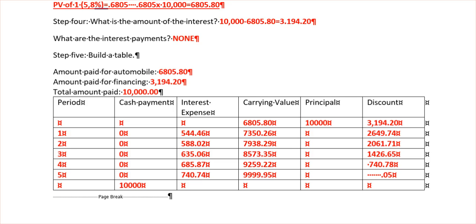Now, after we take this 544.46 off of here, what we started with, 319420, becomes 264974. This is a recursive sort of a table. You can do it in Excel if you like, and build it. You start at the very starting point and put in formulas.